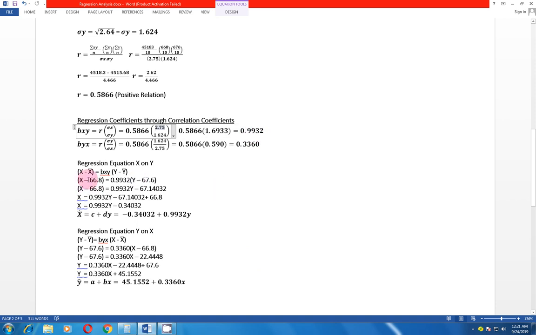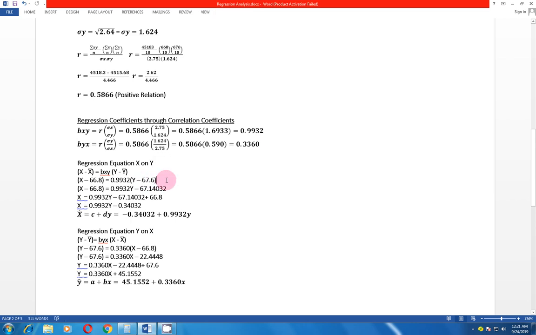So now we are going to calculate the regression equation, which, in the case of x depends on y, is x hat equals c plus dy. So x minus x bar, which is 66.8, equals beta x on y, which is 0.9932, multiplied by y minus y bar, that is the mean of the y variable.